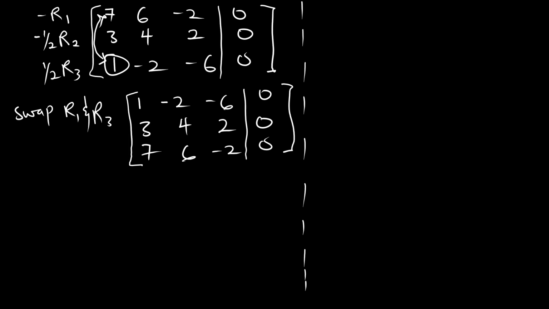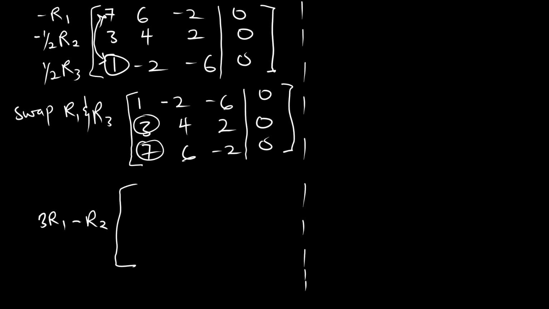Now at the third part, I will perform an operation to turn this and that to 0 to help me write an equation to find x1, y1, and z1. So on row 2, I'm going to say 3 times row 1 minus row 2.